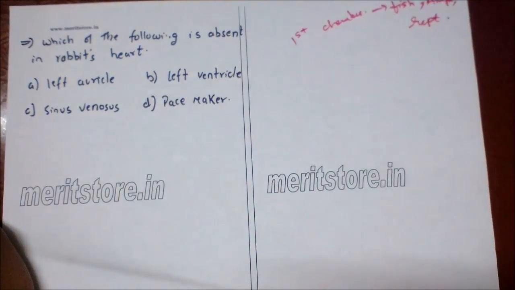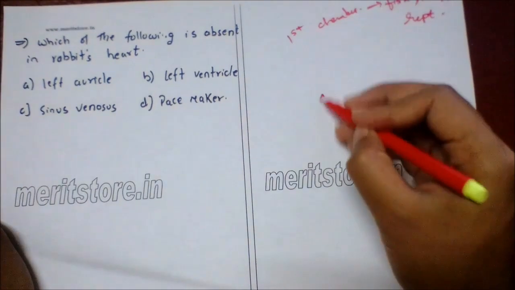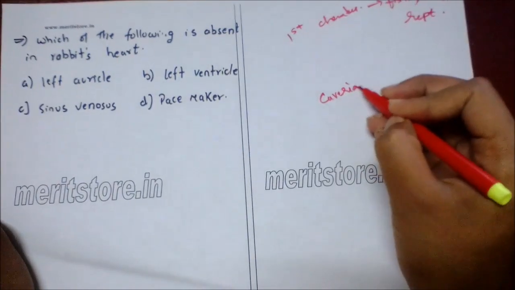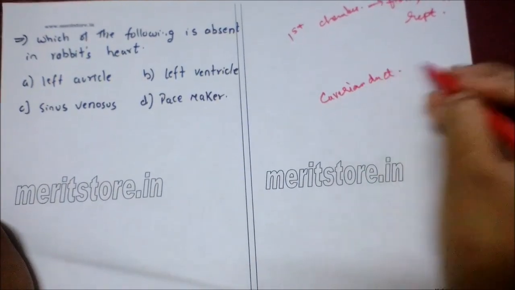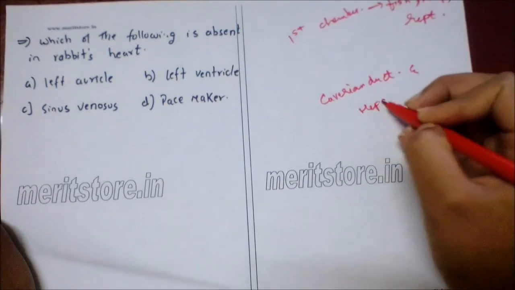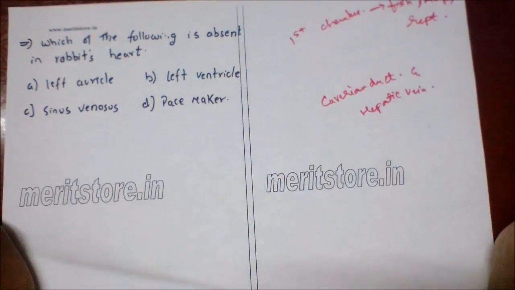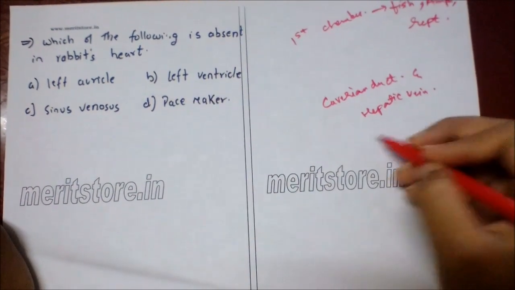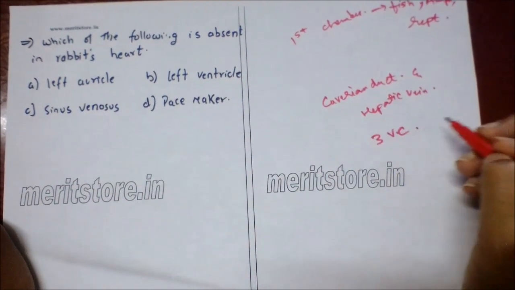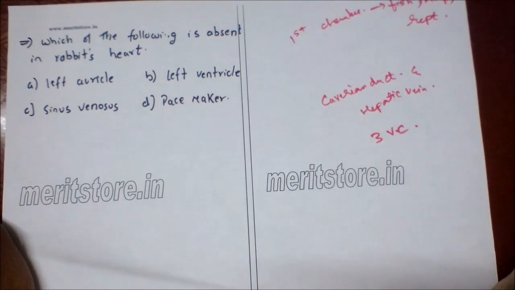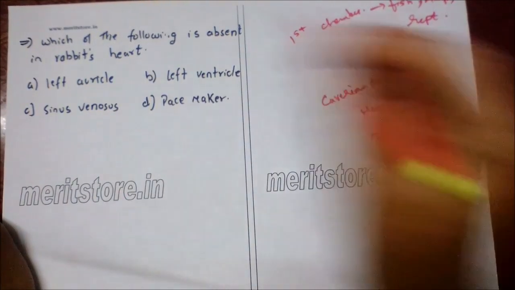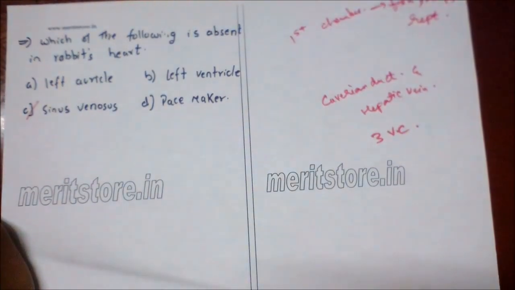In fish it receives blood from the Cuvierian duct and hepatic vein, and leads into a single auricle. In amphibians and reptiles it receives blood from 3 vena cava and leads to the right auricle. In birds and mammals there is no sinus venosus. So option C is the correct answer.